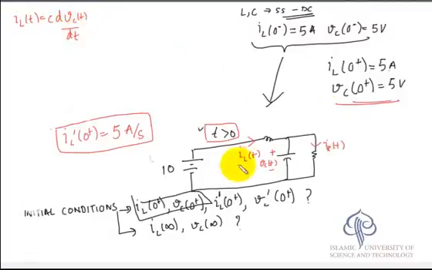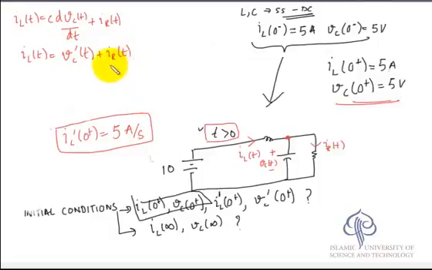Remember, we need vC'(0+), so we need to put this somewhere in the equation, and we can do that by writing the nodal equation for this node. iL(t) is equal to C dvC(t)/dt plus iR(t) if you apply KCL at this node. So we can write this iL(t) as, C is 1 farad, vC'(t) plus iR(t).